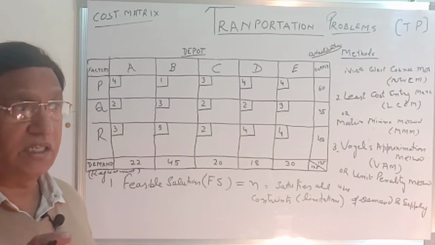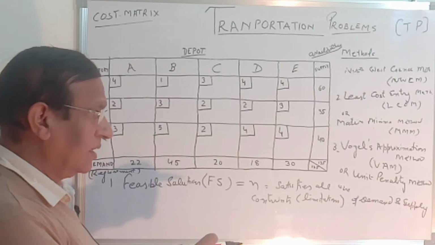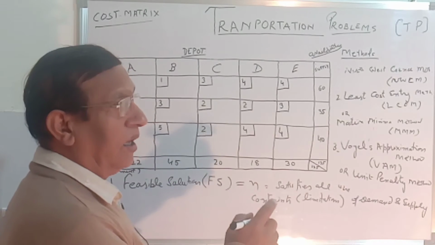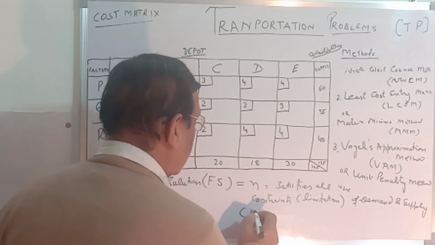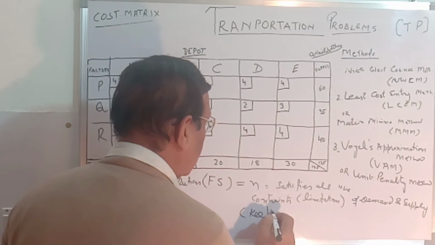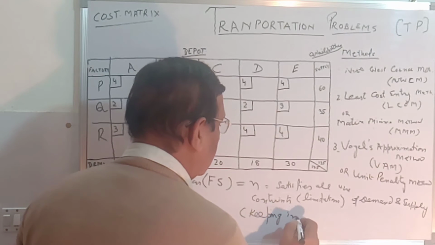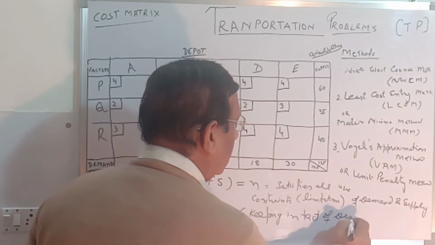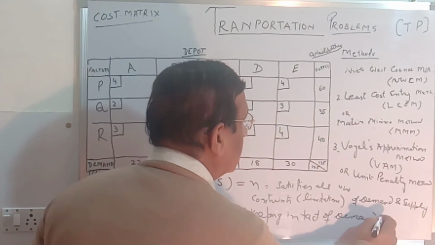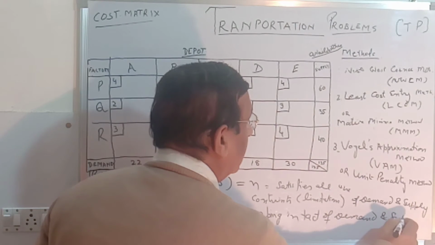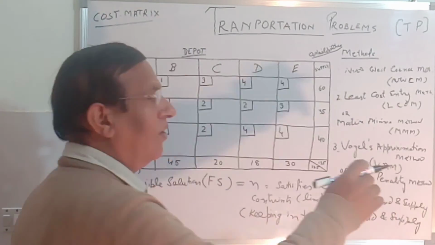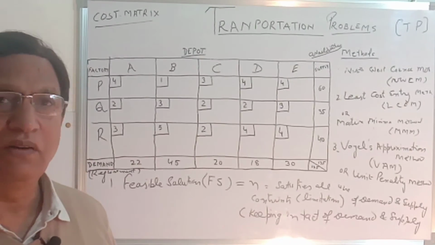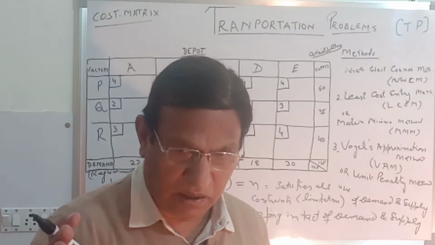So these are the constraints. This is known as keeping intact the demand and supply. We cannot increase or decrease the supply. We cannot increase or decrease the demand.